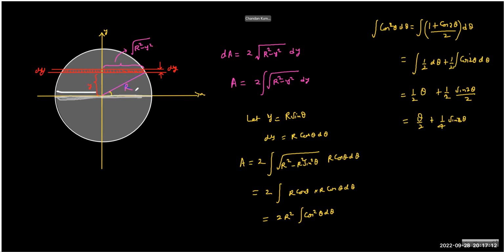As theta increases, my line will go up, up, up. To reach the top of the circle, what must theta be? Can you guess? For what value of theta can it reach here? 90. So we must move 90.